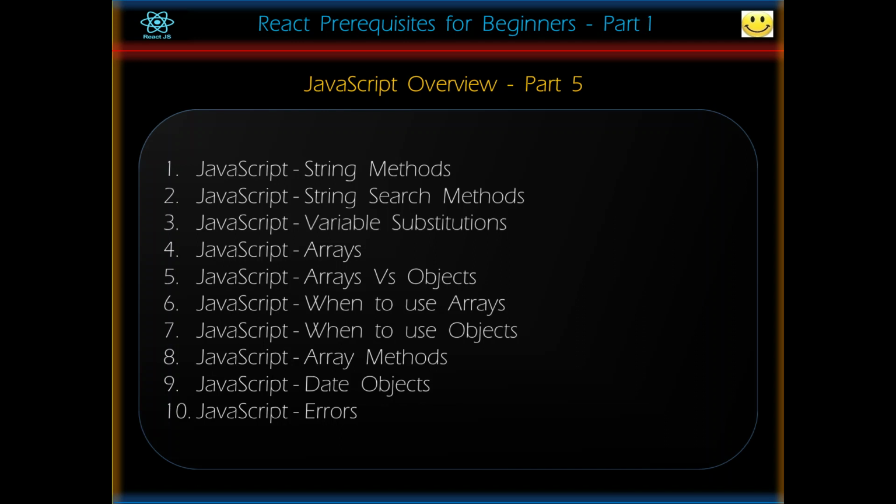In the next lecture, JavaScript overview, part 5. In this lecture, we will learn about string methods, string search methods, variable substitutions, arrays, arrays versus objects, when to use arrays, when to use objects, array methods, date objects, errors.